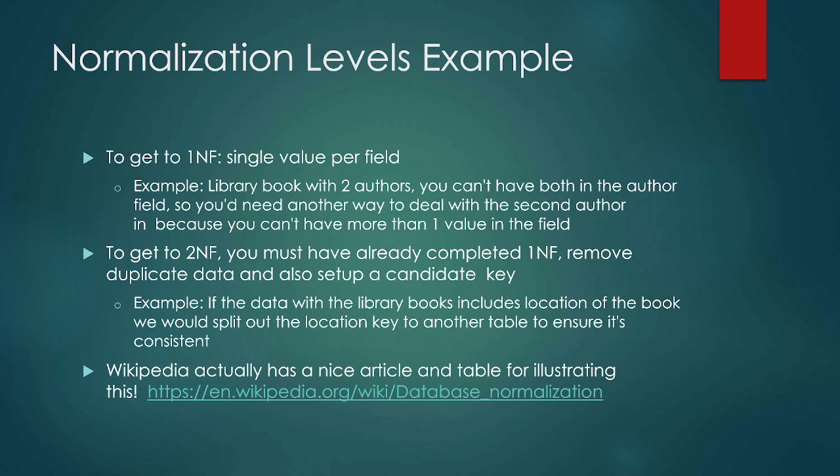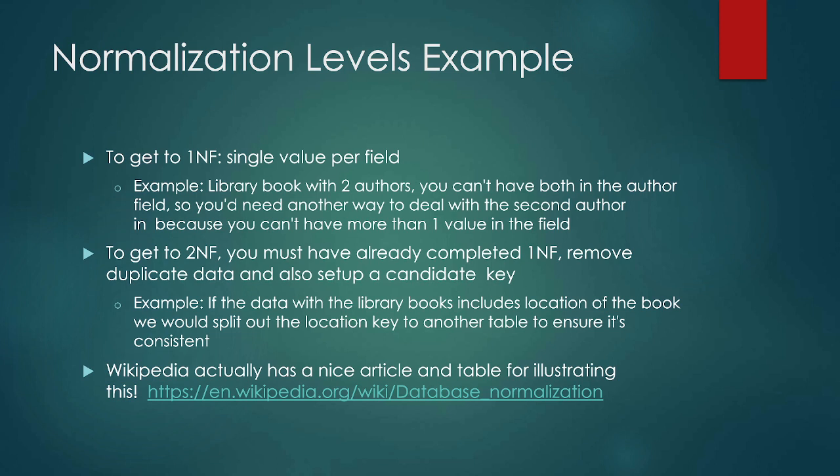To get to 1NF, you have to have a single value per field. So when we talk about data and databases, we'll have records, which is the piece of information about the single object. So if we have, for example, a library book, that library book is likely to have title, author, publication date, for example.